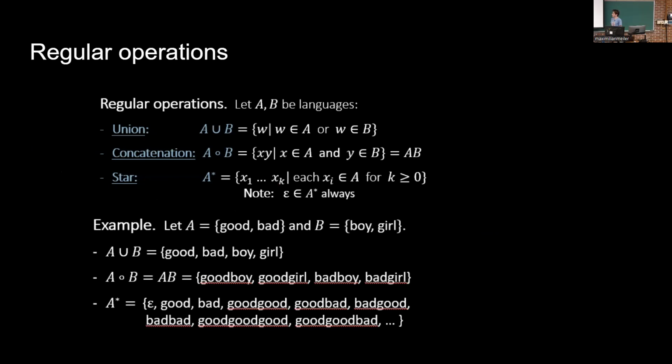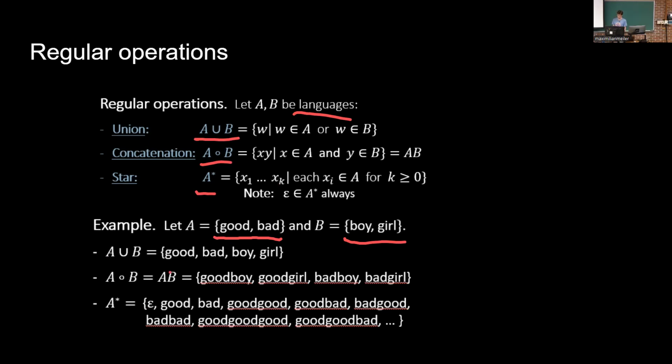I did things a tad bit out of order here, but now we'll move on to regular operations. You can have languages, which up until this point are just arrangements of characters, but what we can do is union them, concatenate them, and star them. I think it's best shown through examples. Union is basically saying, say we have a language of certain strings.